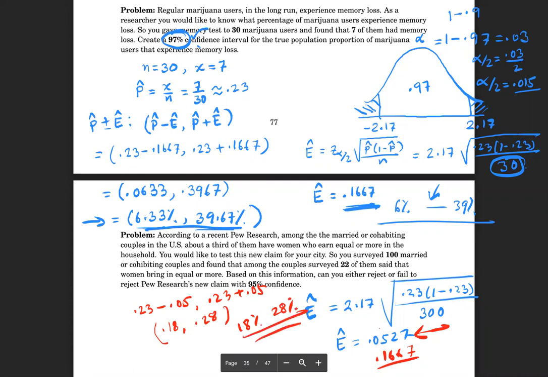The range is much narrower. And if you want to get even narrower, then you could increase it from 300 to maybe 500 or 1,000 or 3,000, who knows? So you can control the confidence interval by increasing the sample size.